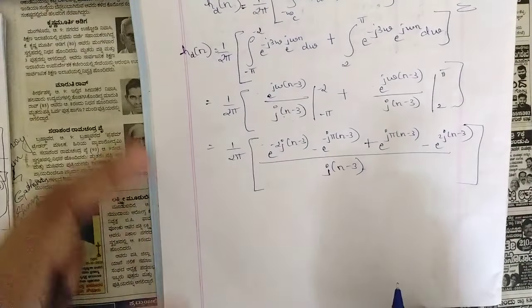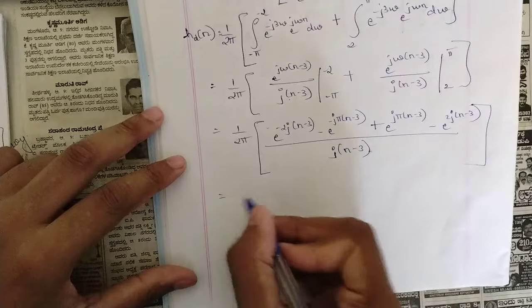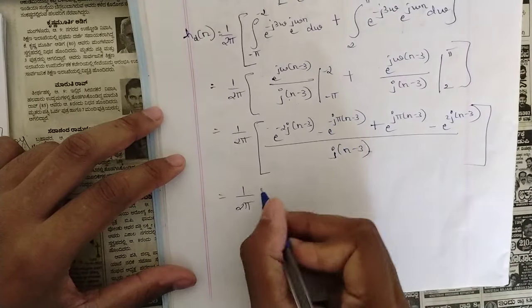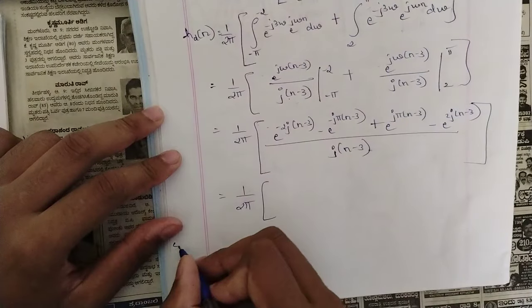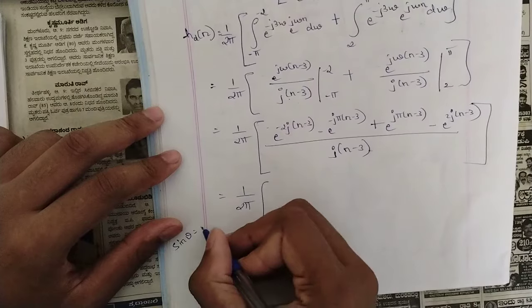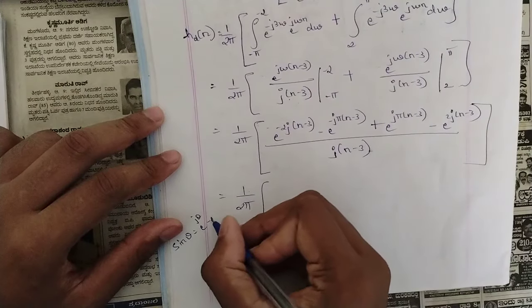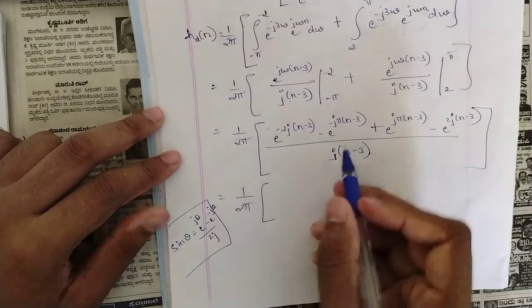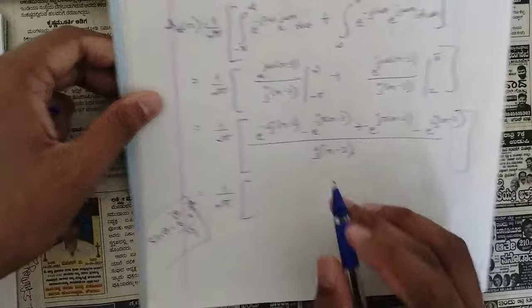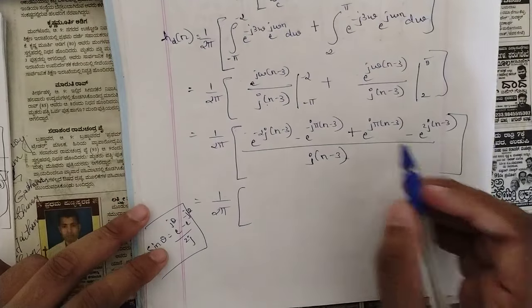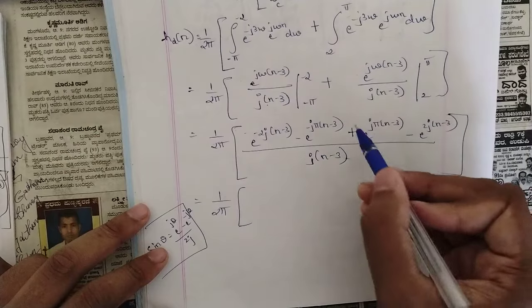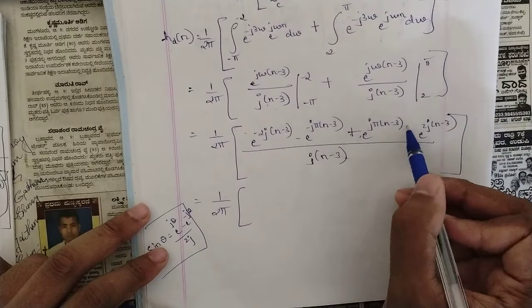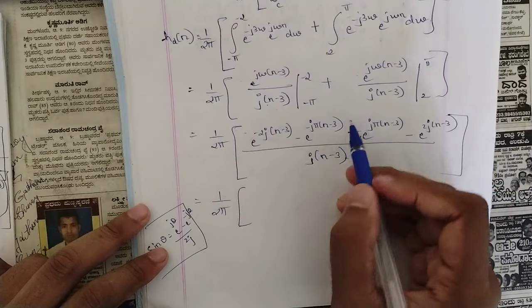Now we should make slight changes here. We should write according to the formula. The formula for sine theta is e power j theta minus e power minus j theta divided by 2j. According to this, we should rearrange some of the terms. First, we have these two terms, e power j pi (n minus 3) minus e power minus j pi (n minus 3).